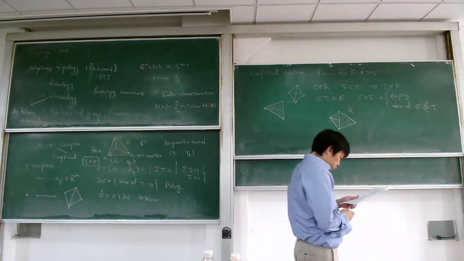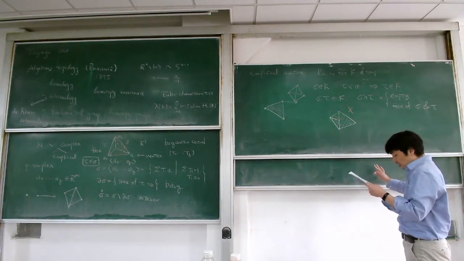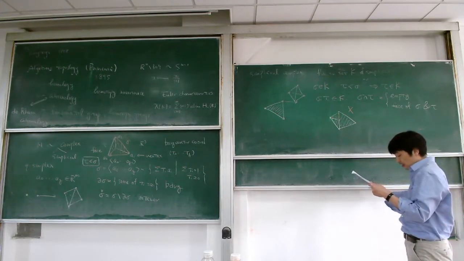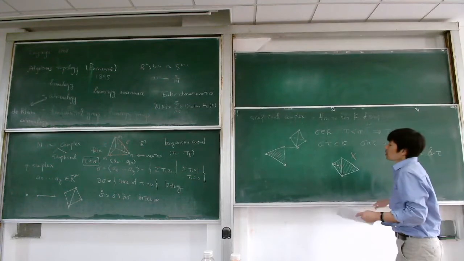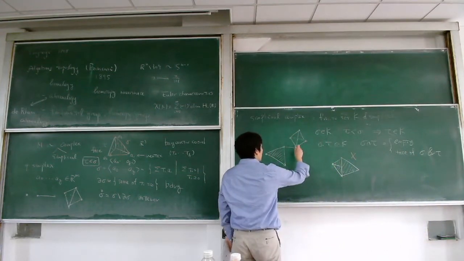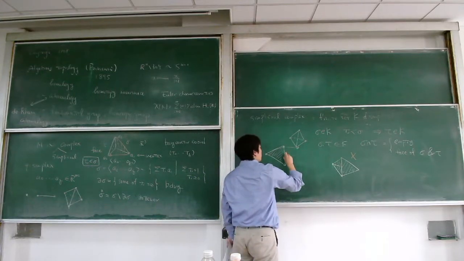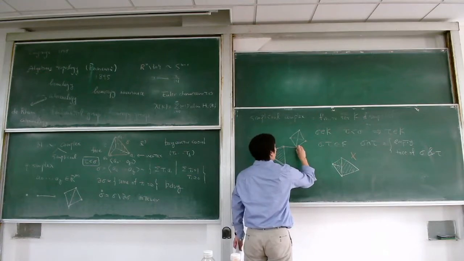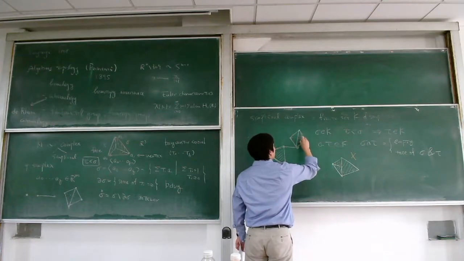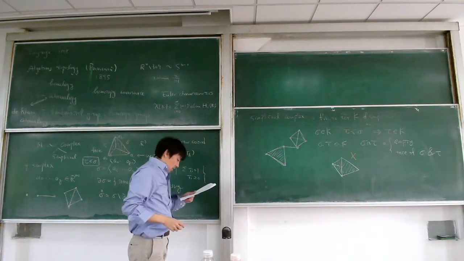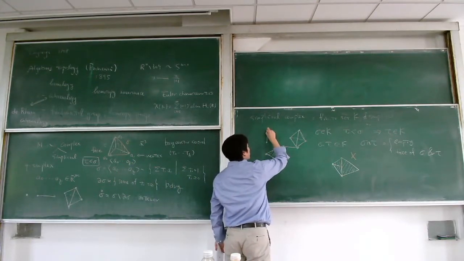So for instance, if you look at this one, clearly this is not a subspace. You can also consider a disjoint union.